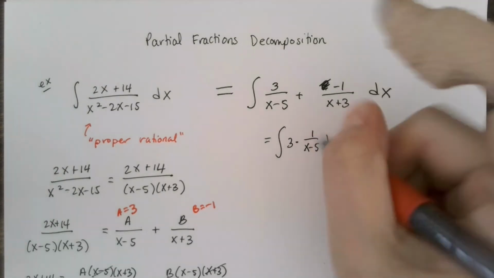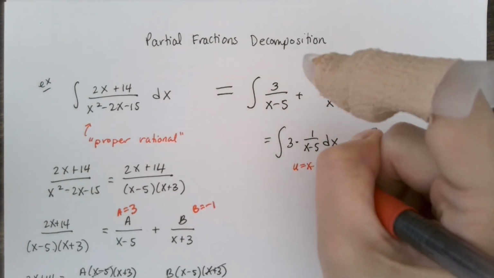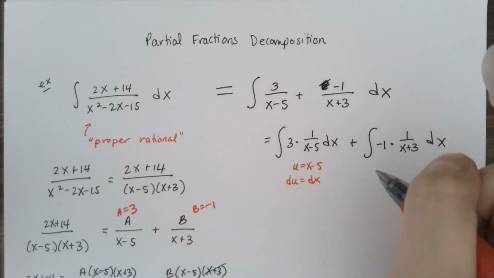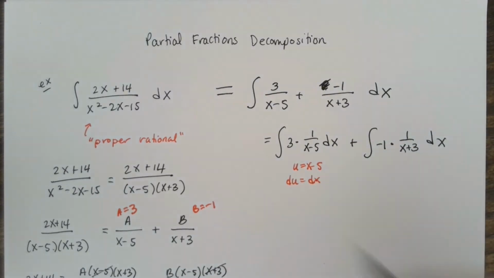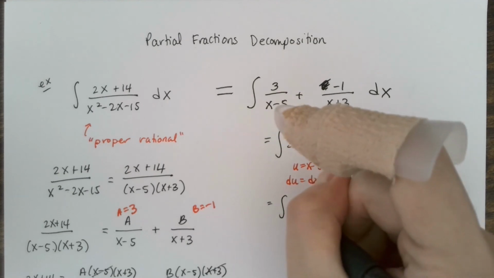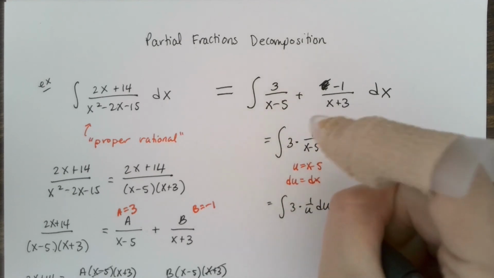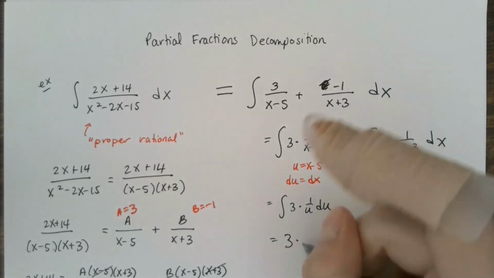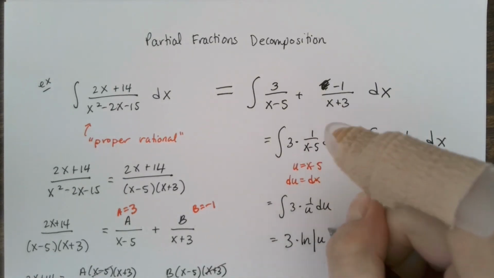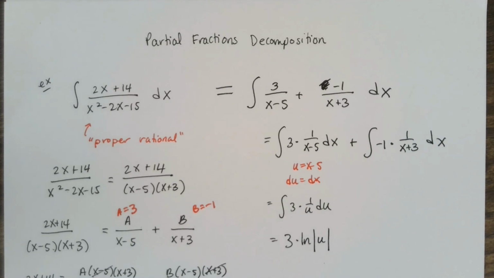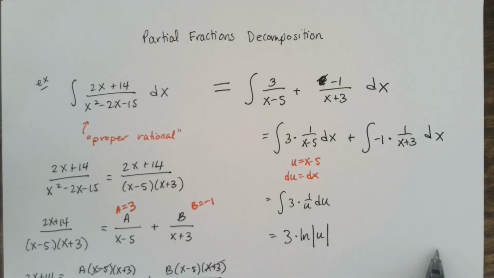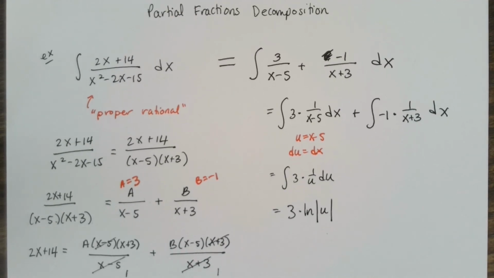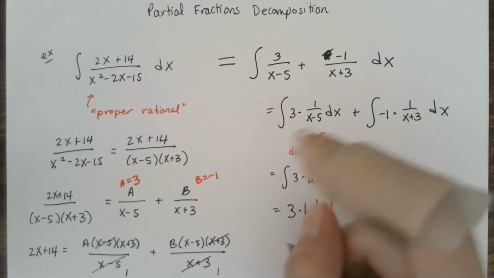So for this first one, I'm going to sub in u equals x minus 5. That makes du equal to dx. So I would have 3 times 1 over u du. The antiderivative of 1 over u is the ln of the absolute value of u. I'm going to hold off on the plus c and just write 1 plus c at the very end here. But I should go back and plug in x minus 5 for u.